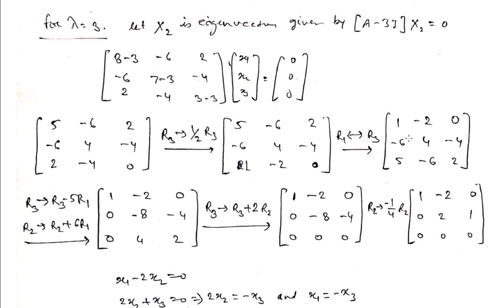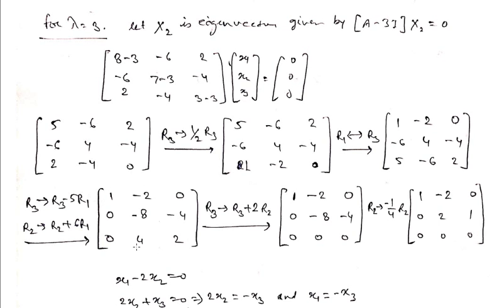Now we will convert the first element of second row and first element of third row into 0. For that we use first row, and using the elementary transformation R3 replaced with R3 minus 5R1 and R2 replaced with R2 plus 6R1, we get this matrix.